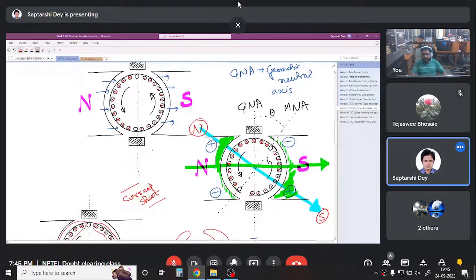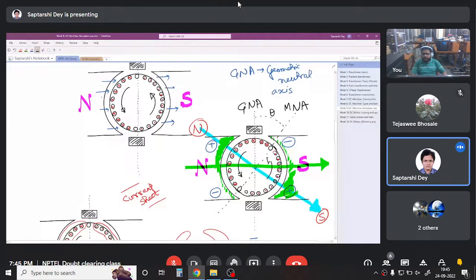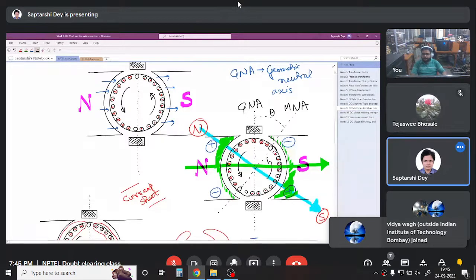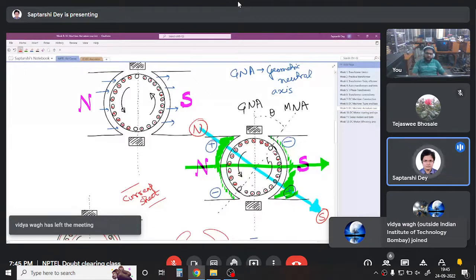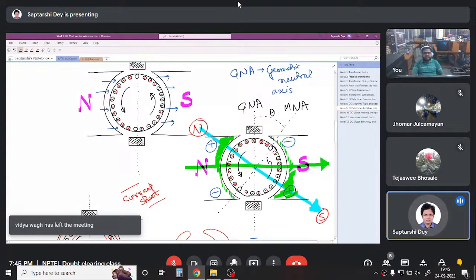So we have a dot here, and a dot here. So you see, our current distribution has moved with the magnetic neutral axis. That is not surprising. The armature flux will always be along this.